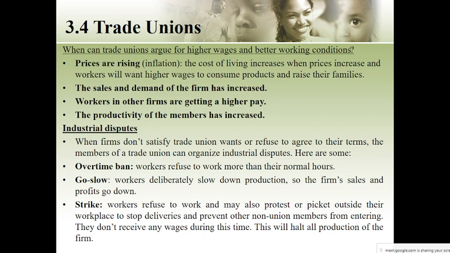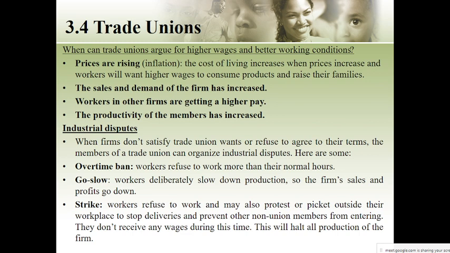The sales and the demand of the firm have increased. If the firm is earning much more, then you have to pay your employees as well. First inflation, other one when your sales are increasing.